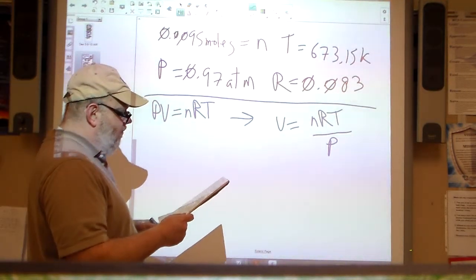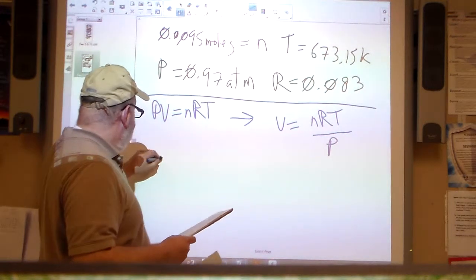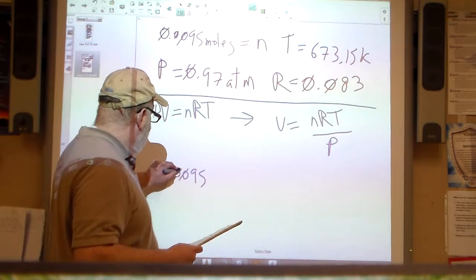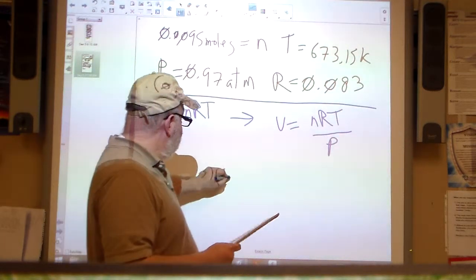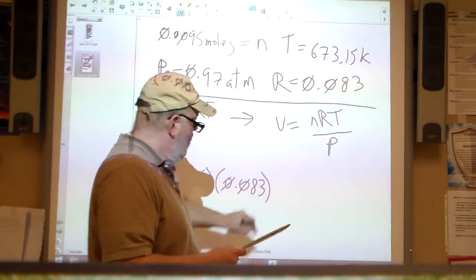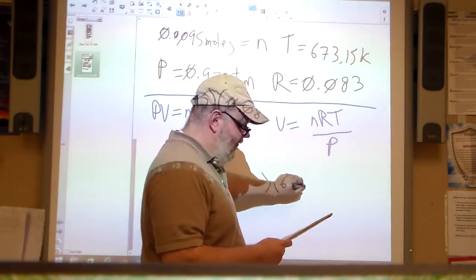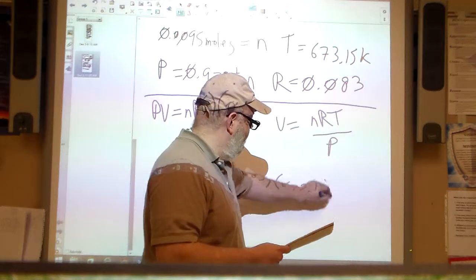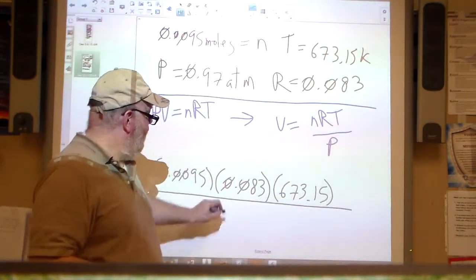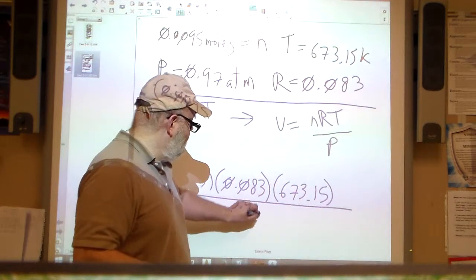So here we go. We know that it's going to be 0.0095 times 0.083 times 673.15, and we're going to have all that over 0.97.